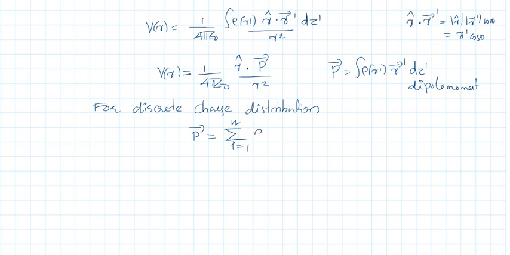Rho of r prime d tau prime will get replaced with qi and ri prime, or simply you can write it as ri, where ri is position vector of qi.